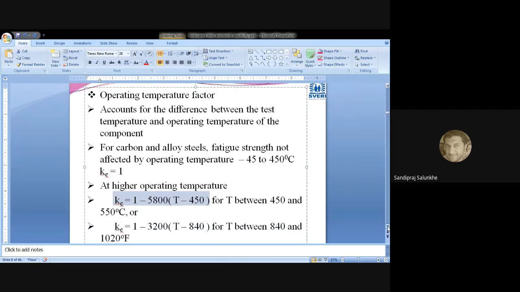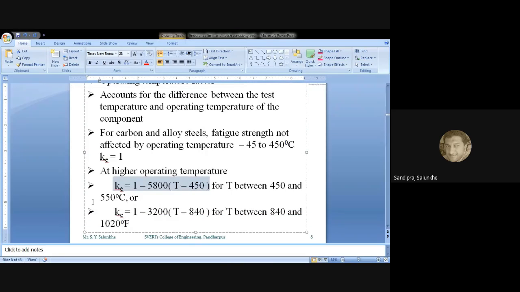That is, up to 550 degrees Celsius this formula is used, and above that, if the temperature again increases, mostly in the case of IC engine components which we are going to design, in that case this formula is used: 1 - (T - 480)/3200.